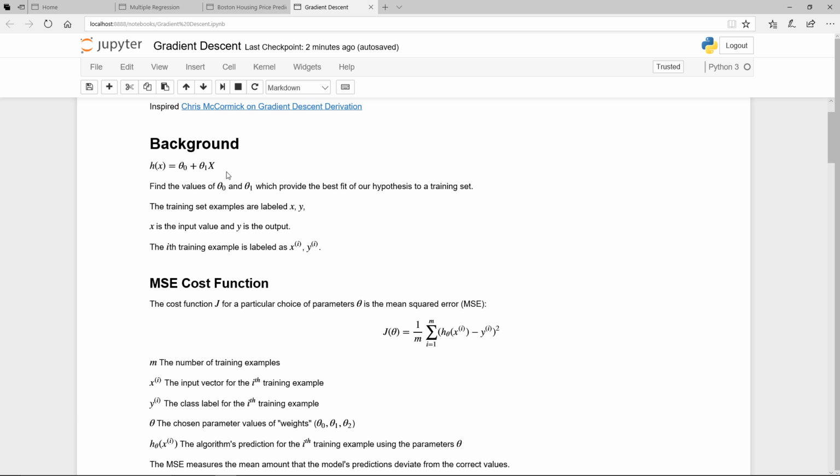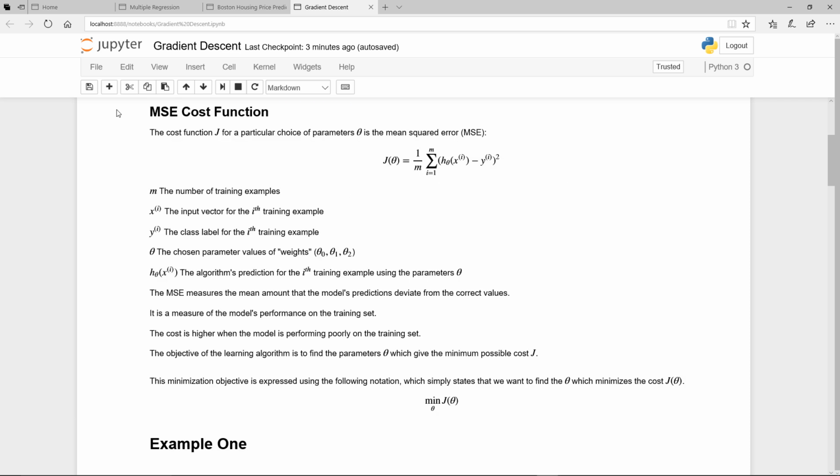Ultimately, you try to minimize the difference between our prediction and the actual value. The training set examples are labeled x and y. X is the input value or the independent value, and y is the output or the target value.